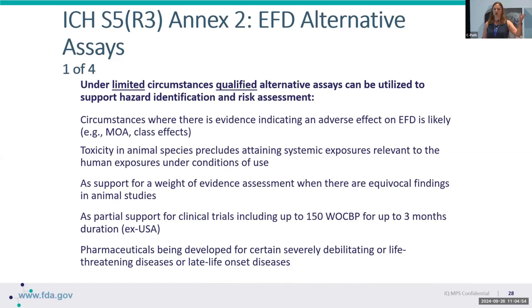That might be a good situation where we could use an alternative assay to say, yes, in fact, it is a teratogen, so we don't need to do an animal study. If there are equivocal findings in an animal study, maybe an alternative can be used to help figure out which way it's going to go.